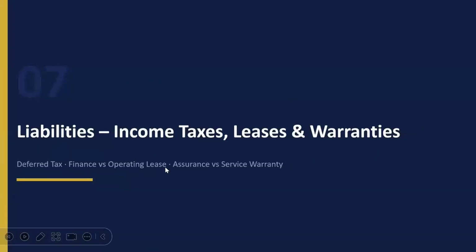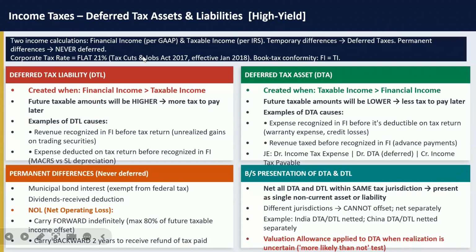Next up, we have the records for liability, especially for income taxes, leases, and warranties. Now, we'll discuss the income tax records. I told you that in the US, there are two types of income calculations.